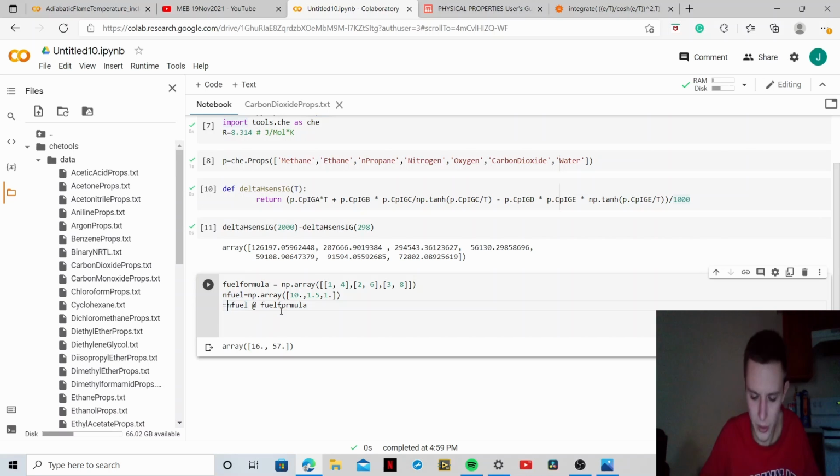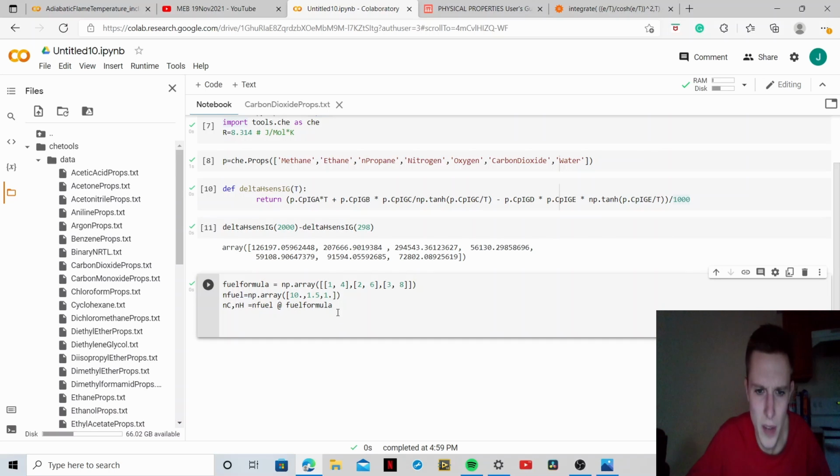Let's say we want the first value to be the number of carbons, so n_C, and n_H. So now we do that, we can already assign those values.